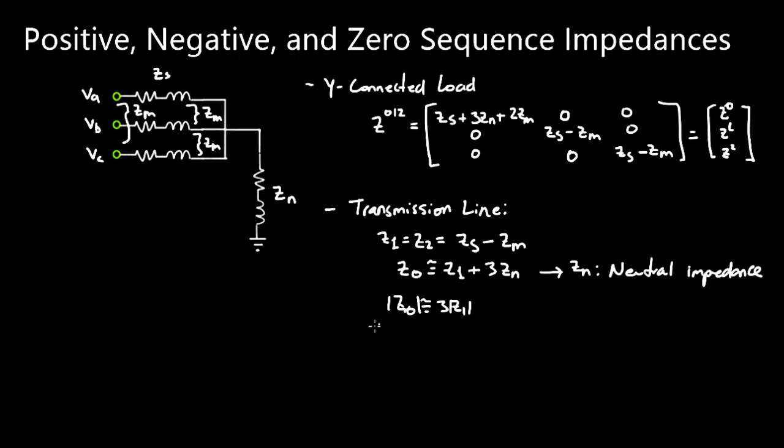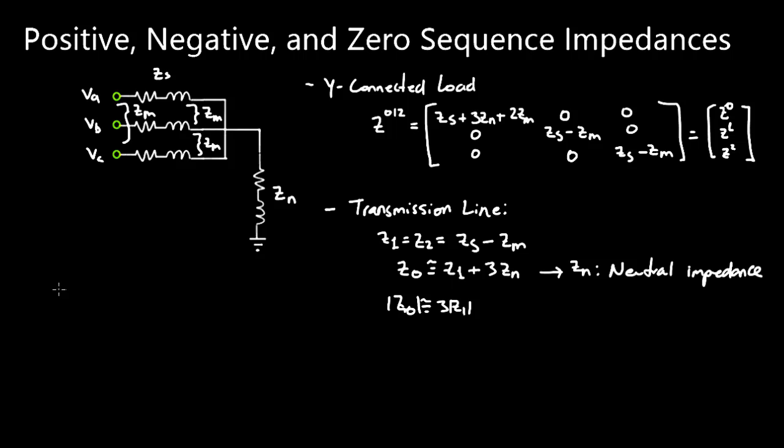And this is just kind of a rule of thumb for overhead transmission line, meaning the transmission lines that you would see out in the open. I've kind of seen that just from my experience in industry, that the zero sequence impedance of a transmission line, again, an overhead transmission line, is usually 3 times larger than the positive sequence impedance, which again is equal to the negative sequence impedance for a transmission line.